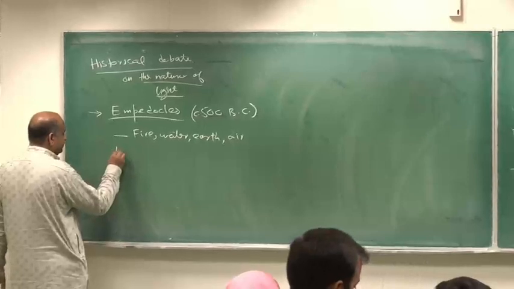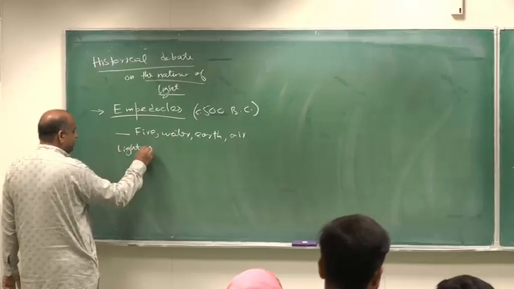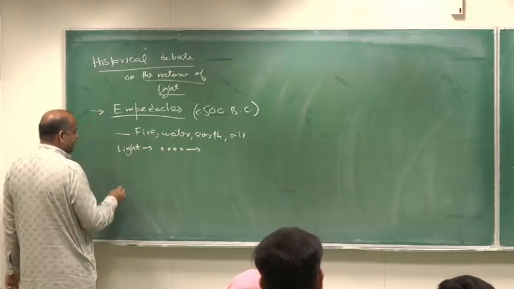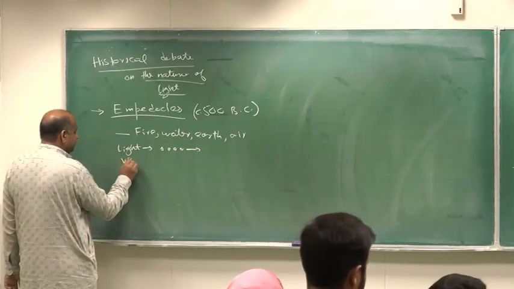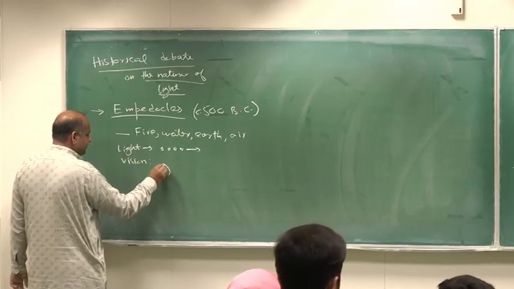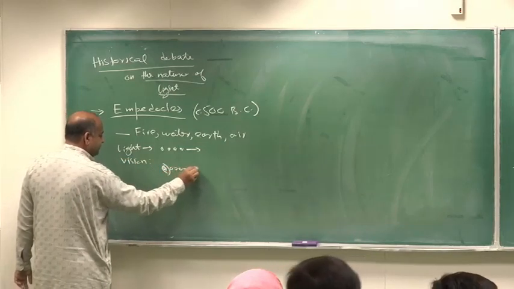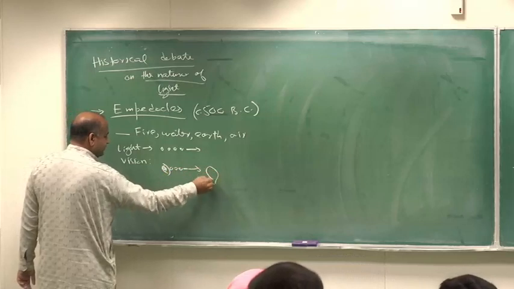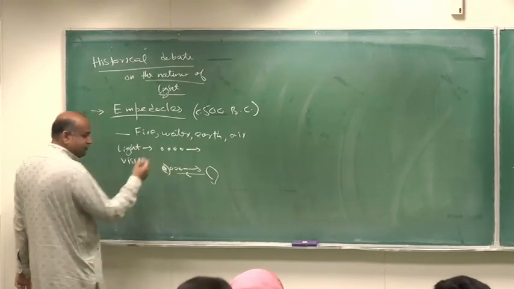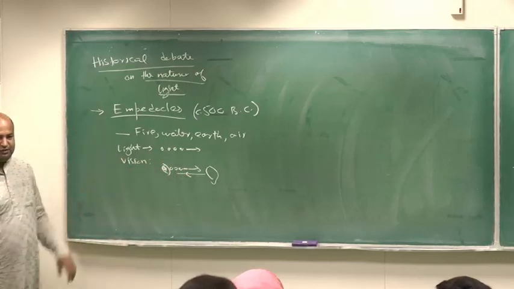So about light, he believed that it's particles in motion, and it is like this, that light emits these particles, they are scattered by these objects, and then they come back, and then we see objects.